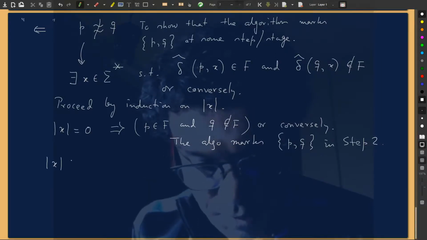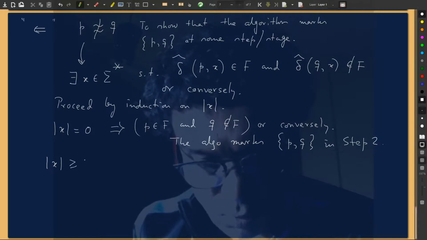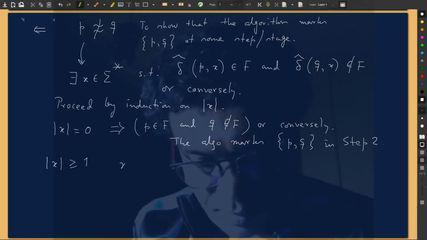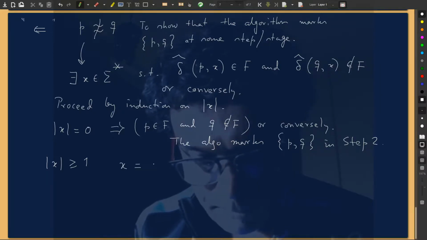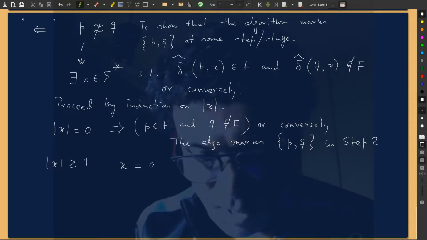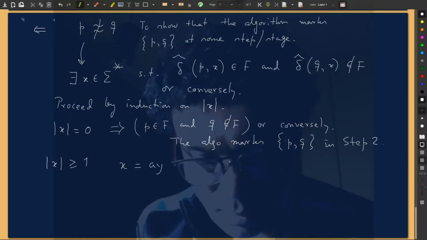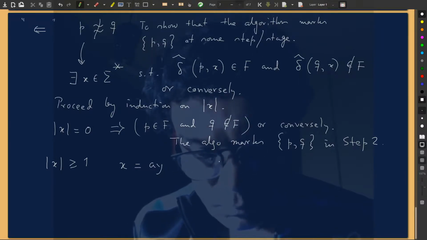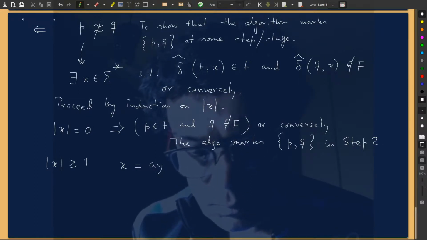Next, suppose that the length is greater than or equal to 1, and you write X as AY. Then what follows from this?